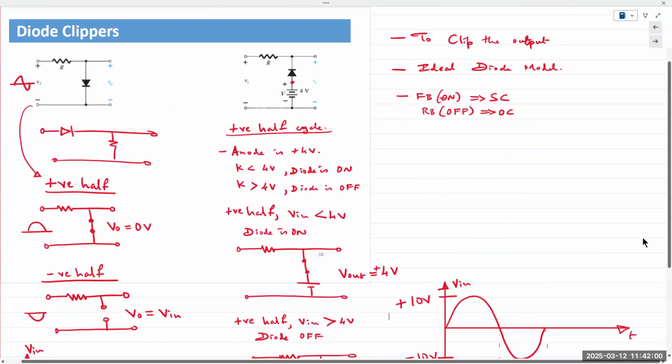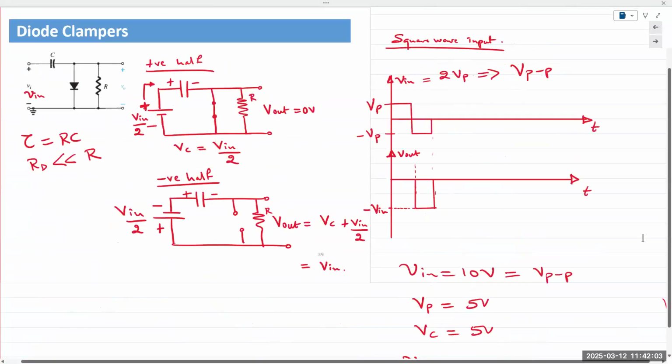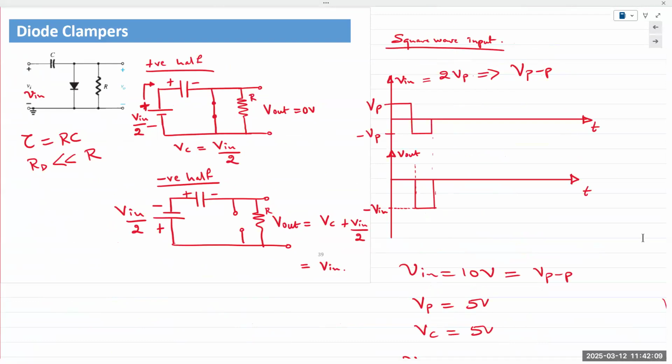Voltage regulator and diode clippers and clampers. All right, I'll make a decision right now. No clampers on the final exam.